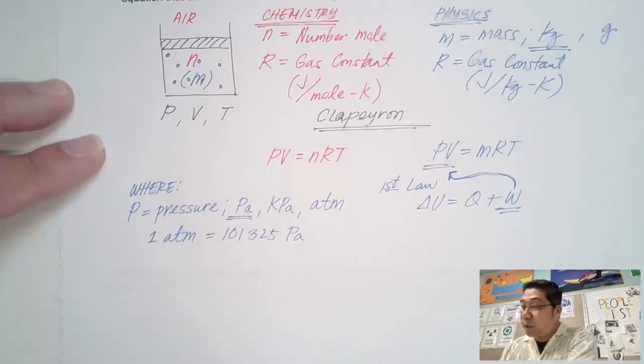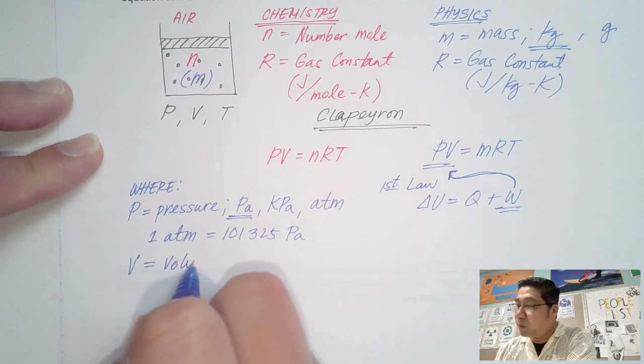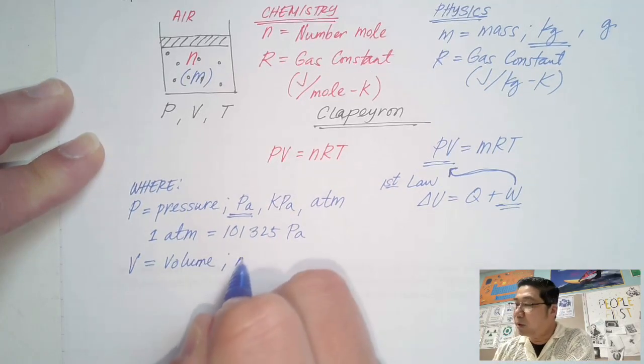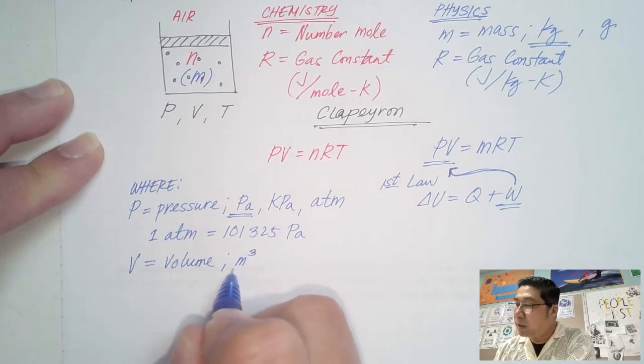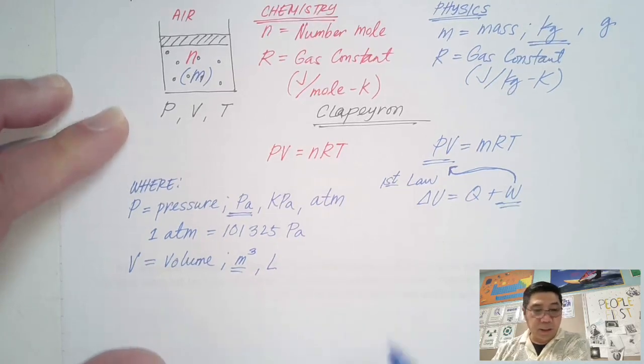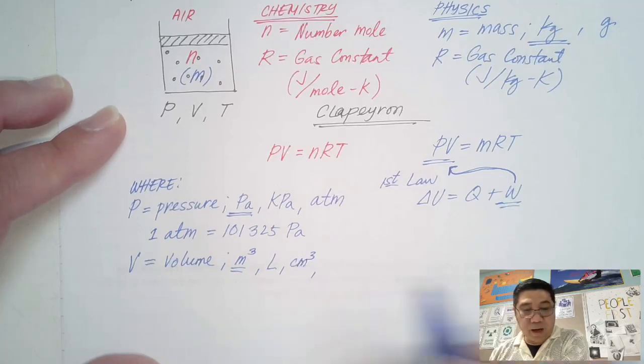Second one is your volume. Volume V, and the accurate unit that we're supposed to use is cubic meter, but sometimes it's expressed in terms of liters. Another unit is cubic centimeters, or mL.